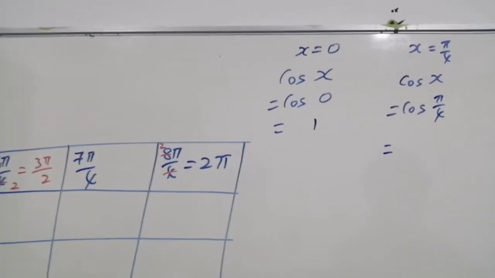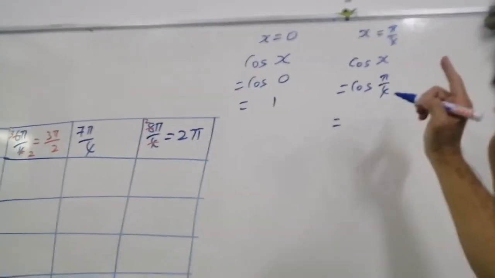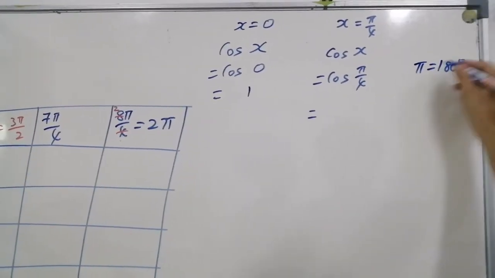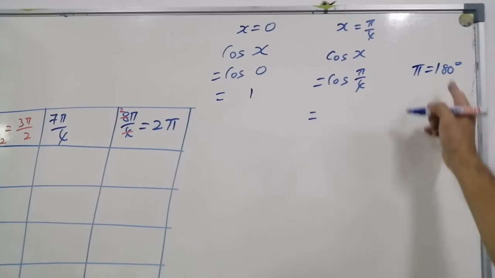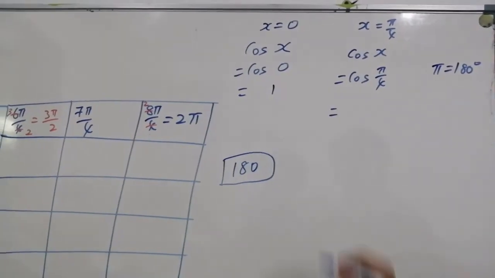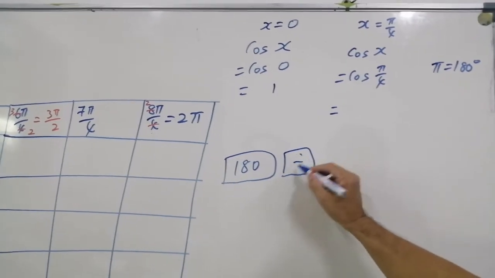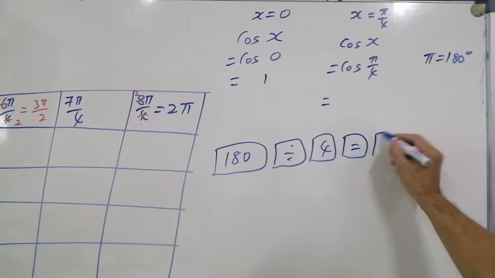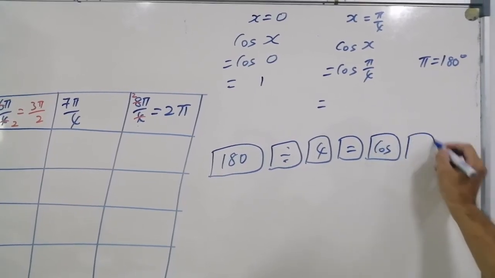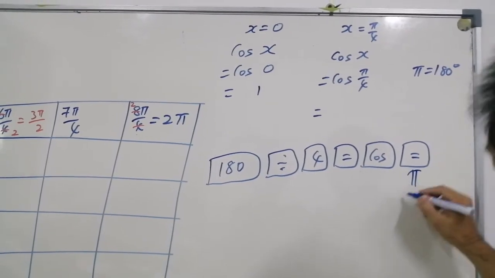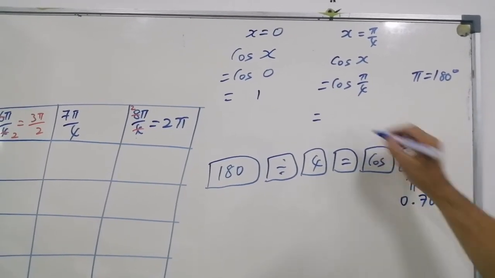You understood already pi equals 180, so just punch in the calculator like this: 180 divide 4, then equal, then you cos it, then equal. Your answer for this one should be 0.707.